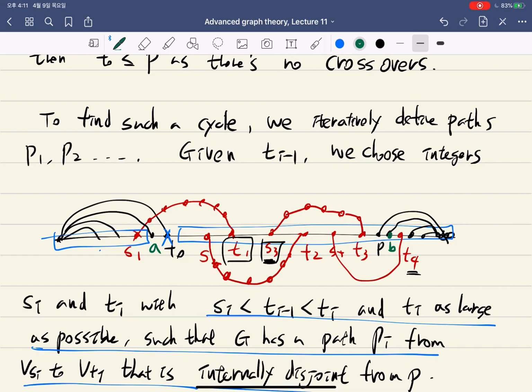You take this path and then this path together to get a cycle.